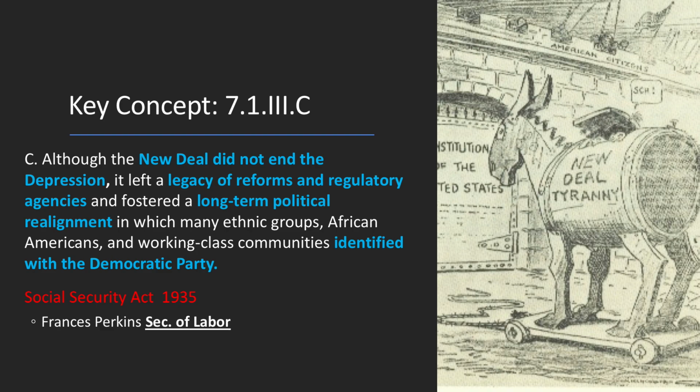Also, the working class began to see the Democratic Party as the party of the worker, which will change when Ronald Reagan becomes president, a Republican. He will switch that back to the Republican Party, and it's kind of stayed since.